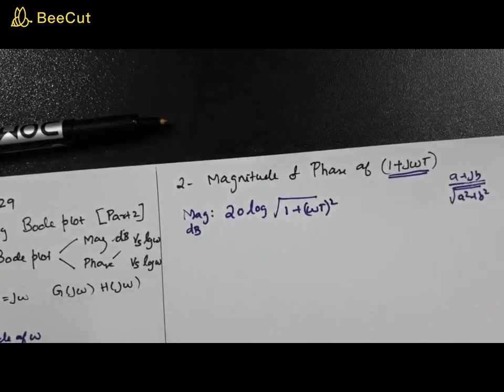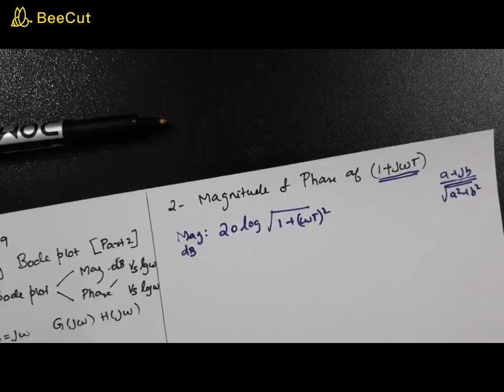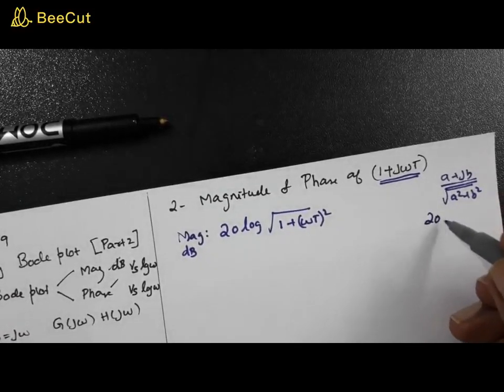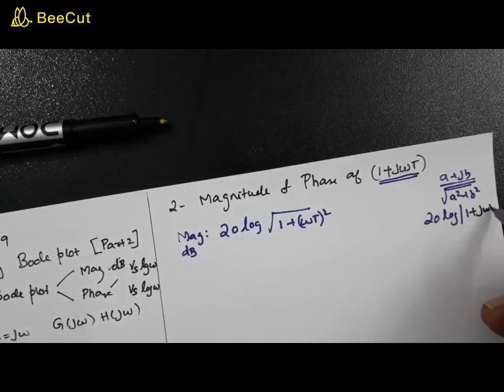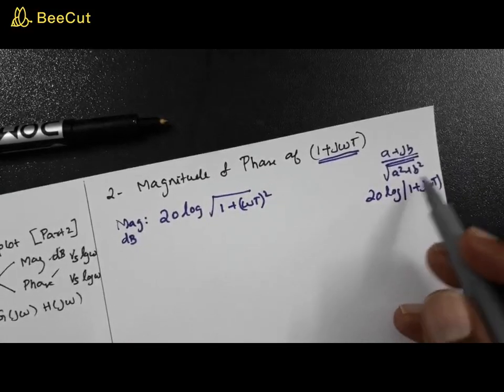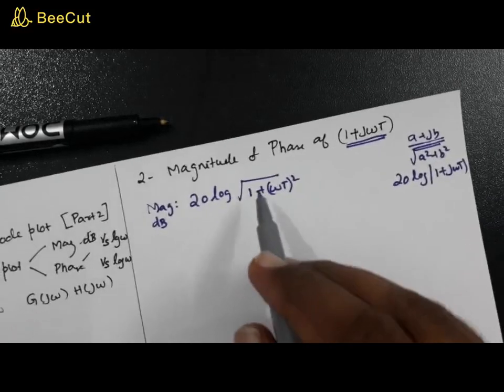This is actually the magnitude of 1 plus j omega t. If you don't understand, just look at this: 20 log of the magnitude of 1 plus j omega t, which is the square root of 1 square plus omega t the whole square.